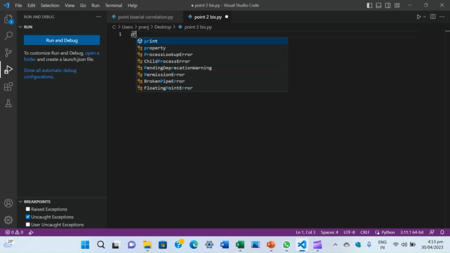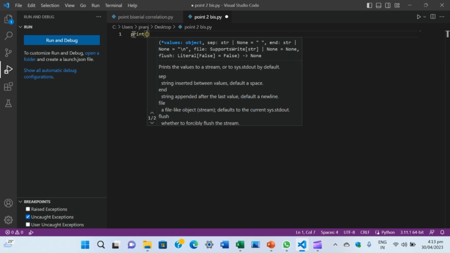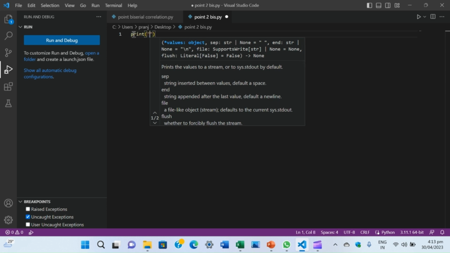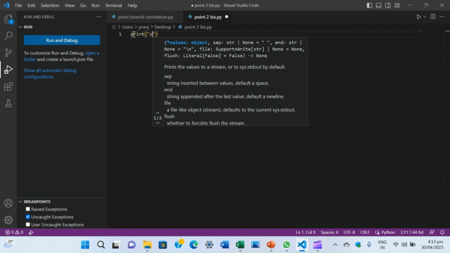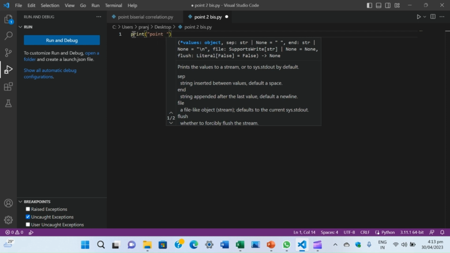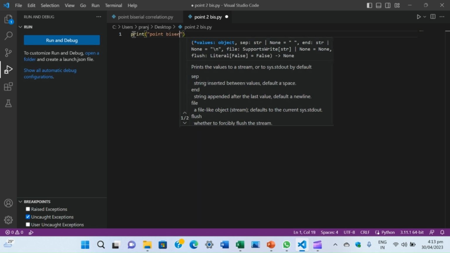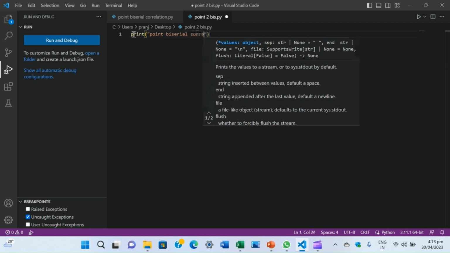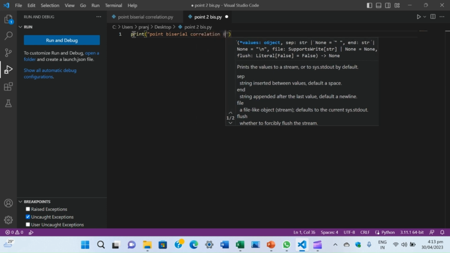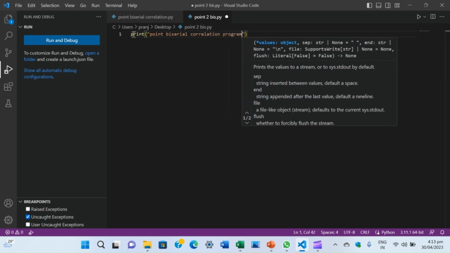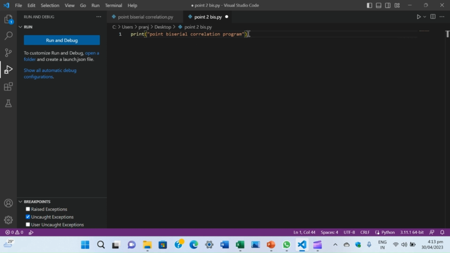So we write print, bracket, double inverted comma, to make this a string, and we write the heading: point biserial correlation program.